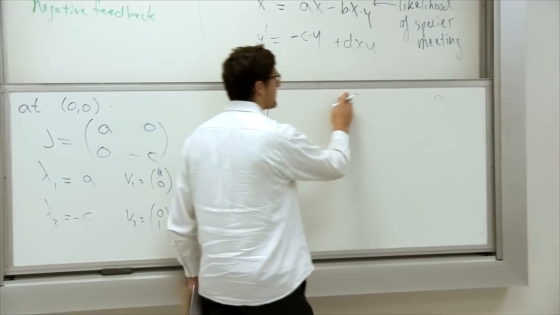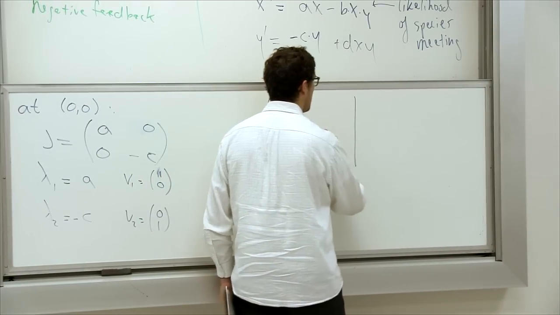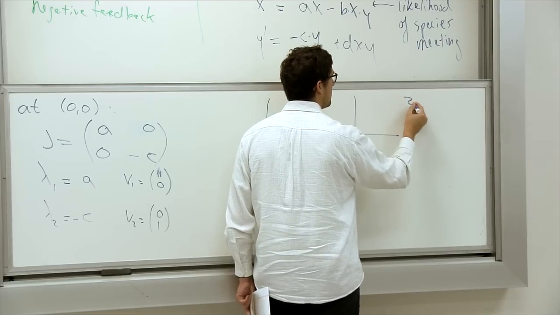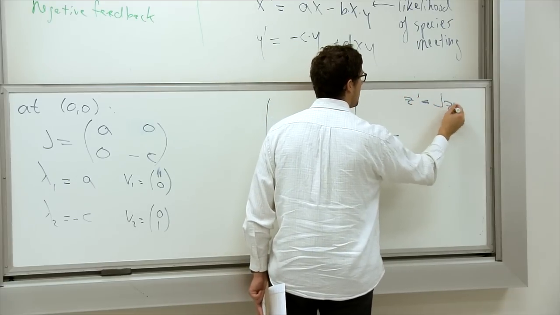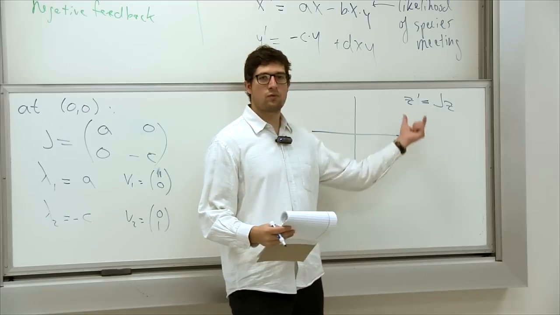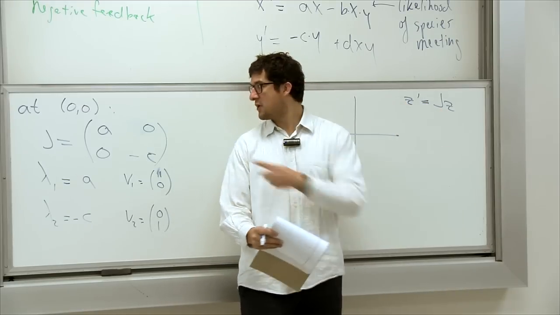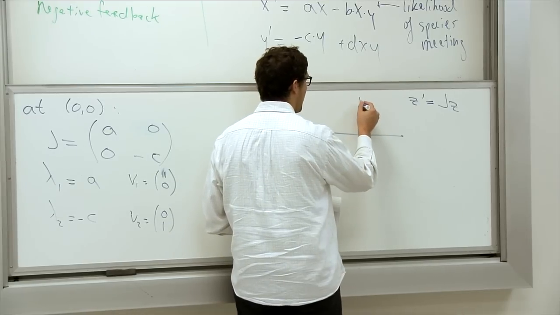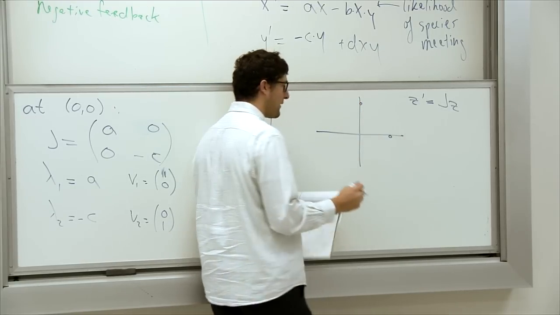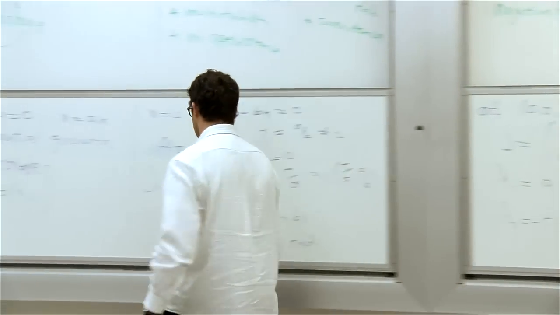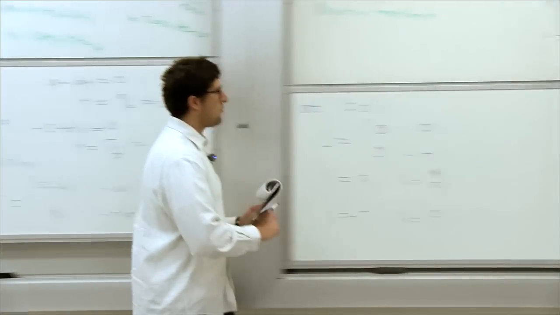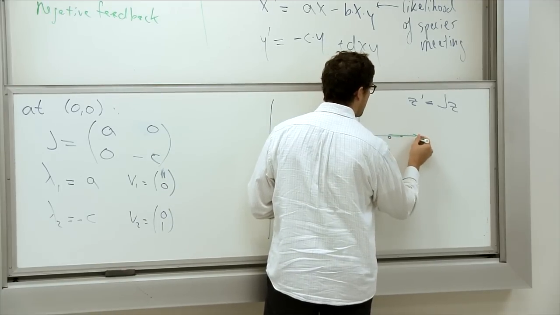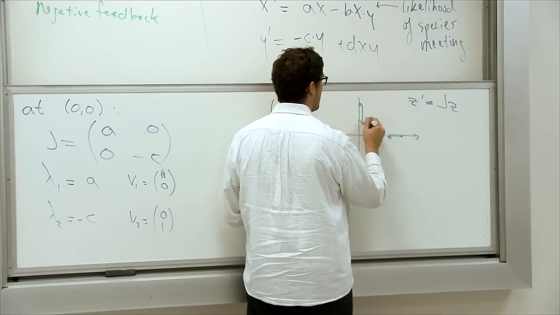That means the system looks like this. The linear system, let's say, I'm going to use a new variable, whatever you want to call it. It's a system associated with this matrix, right? You have eigenvectors with eigenvalues a and minus c.